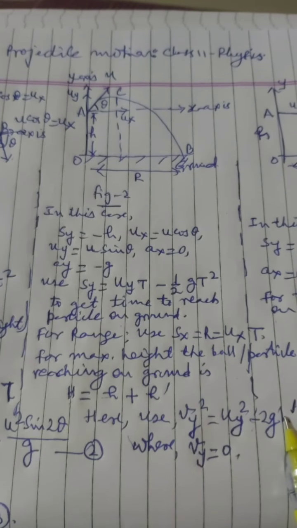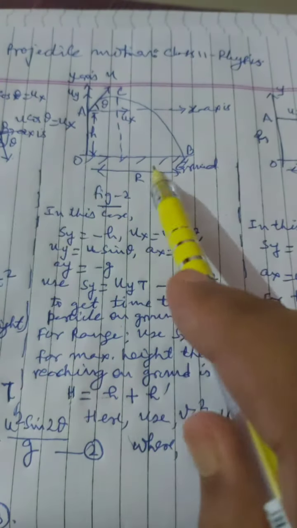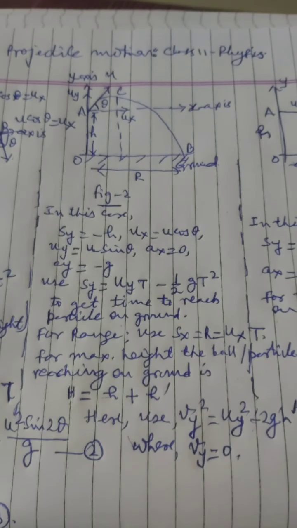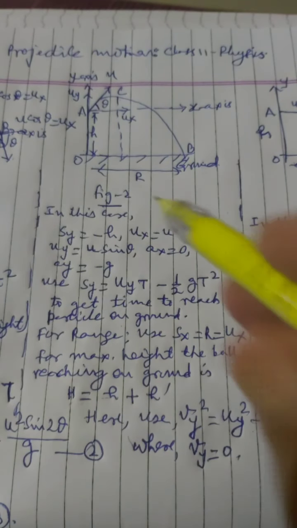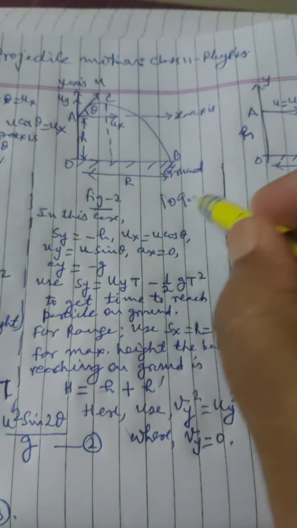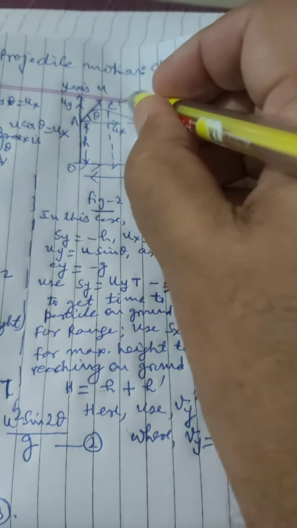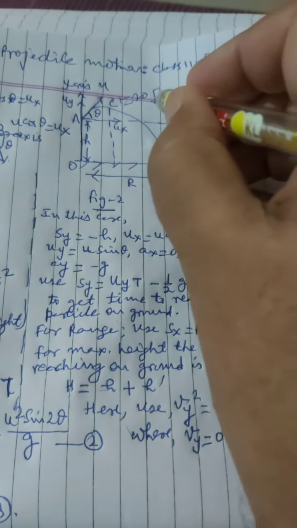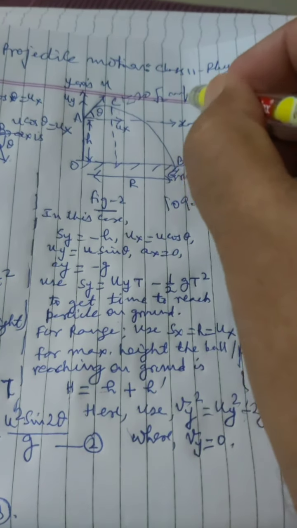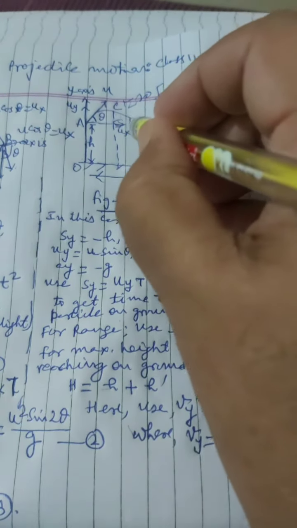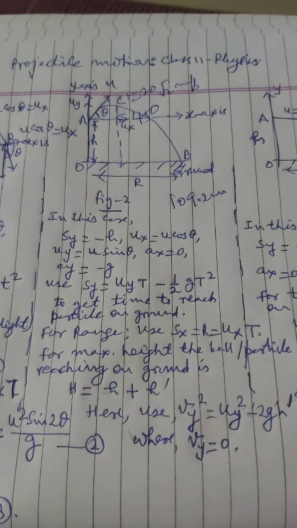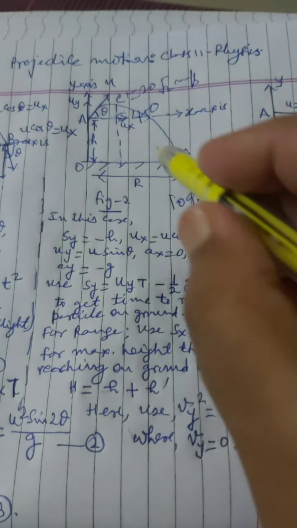Your answer in this case will be the horizontal distance, that is, range OB in this figure, 109.2 meter, when u is equal to 20 root 2 meter per second, theta is 45 degree, and h is given as 40 meter.